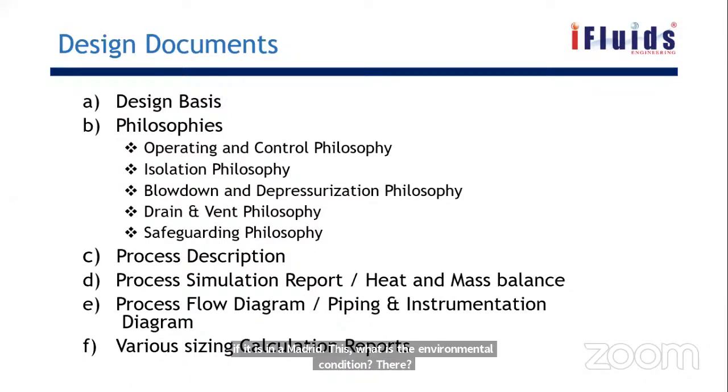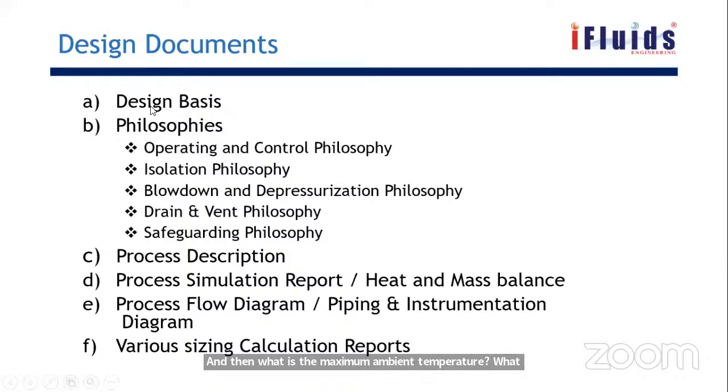They will take the 100-year data and provide all those details for the environmental condition, like how many years a cyclone used to come, or in how many years flooding used to come in that area. And then what is the maximum ambient temperature, what is the minimum atmospheric temperature, all those things will be given in the design basis.